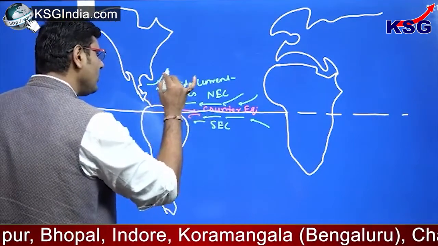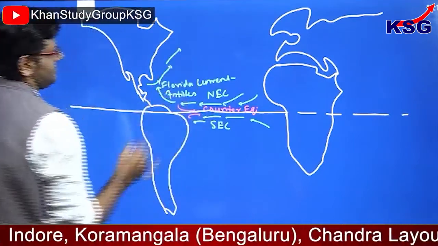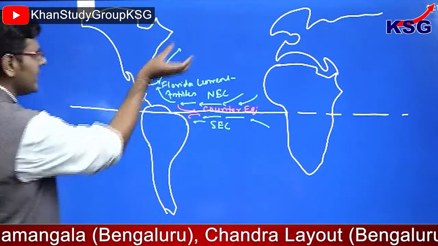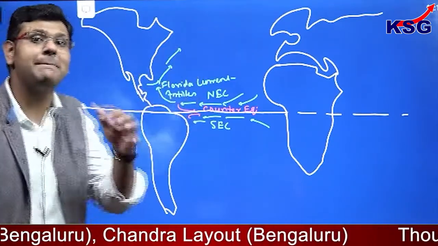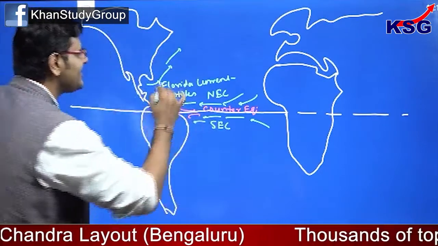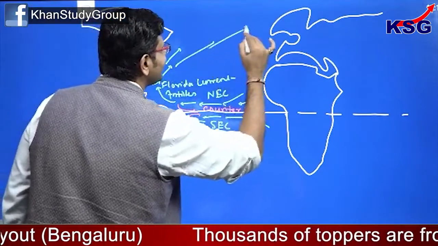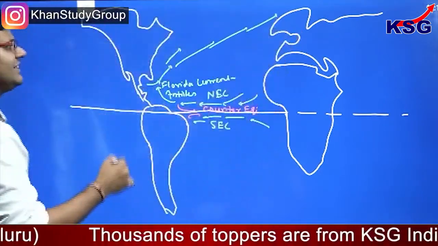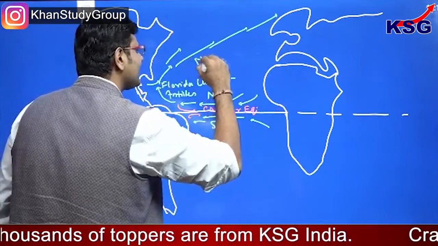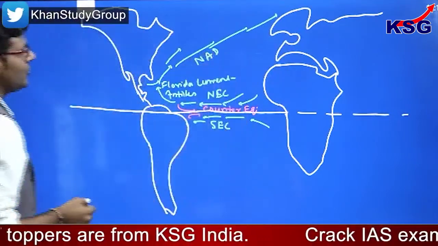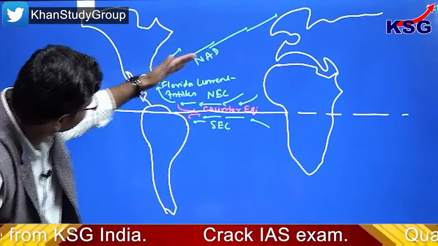Then the whole stream moves in this direction, and under the impact of the westerlies it is taken to a longer distance, even to this part. This is nothing but the North Atlantic Drift, because the west wind is taking this in this direction.